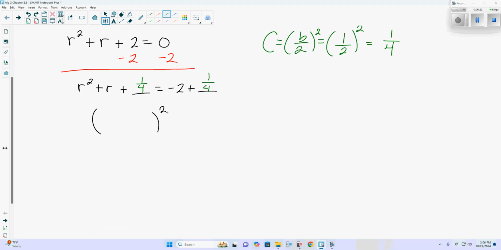Now when factoring this with 1/4, it's not going to be any more difficult than what we already have, because we will still have our set of parentheses squared, and the number and sign that goes inside here is the number and sign of what we have inside the parentheses before we square it, which just tells us this factors to x plus 1/2 squared.